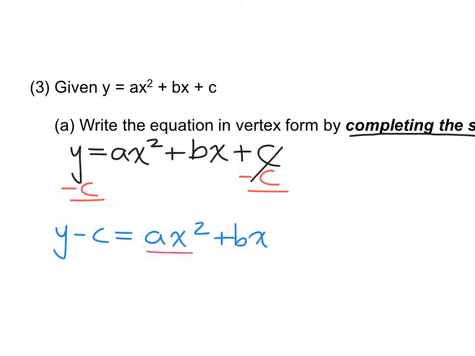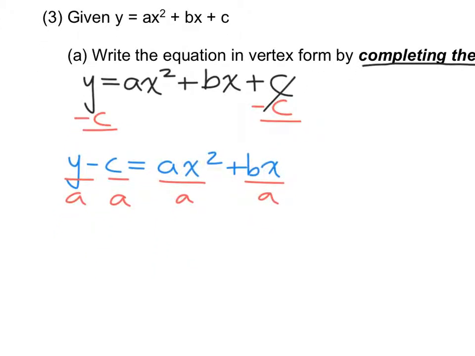Then I would divide out the a from each term. Every single term gets divided by a, in which case we are looking at y over a minus c over a equals x squared.